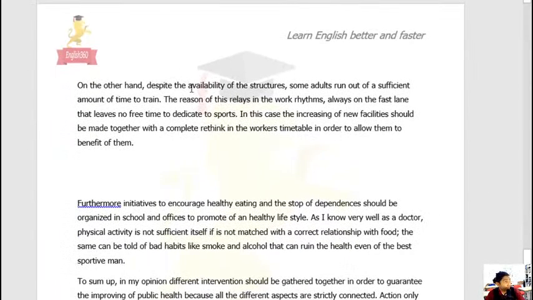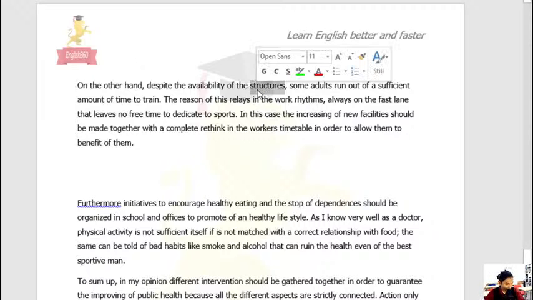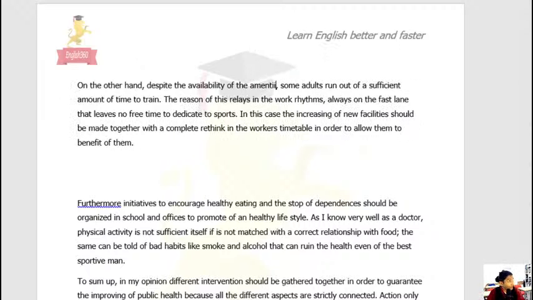On the other hand, despite the availability of these amenities, another word for what am I talking about? Another word for facilities is amenities. Some adults run out of sufficient amount of time to.